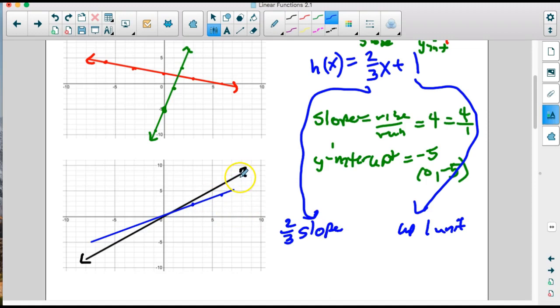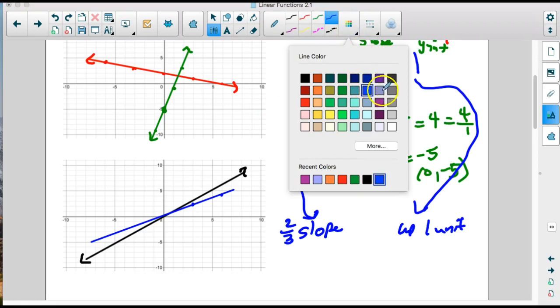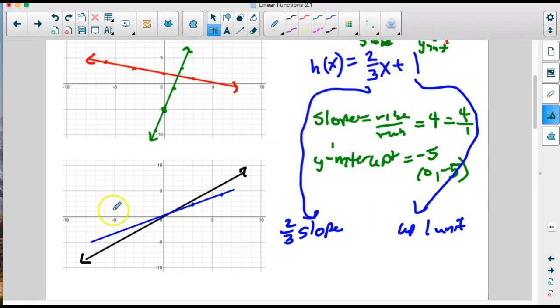So then we would take this function and just shift it up 1 unit. So this blue graph would change. Let's make it the next lighter blue. So we would shift this up 1 unit to here, and it would go the same way.